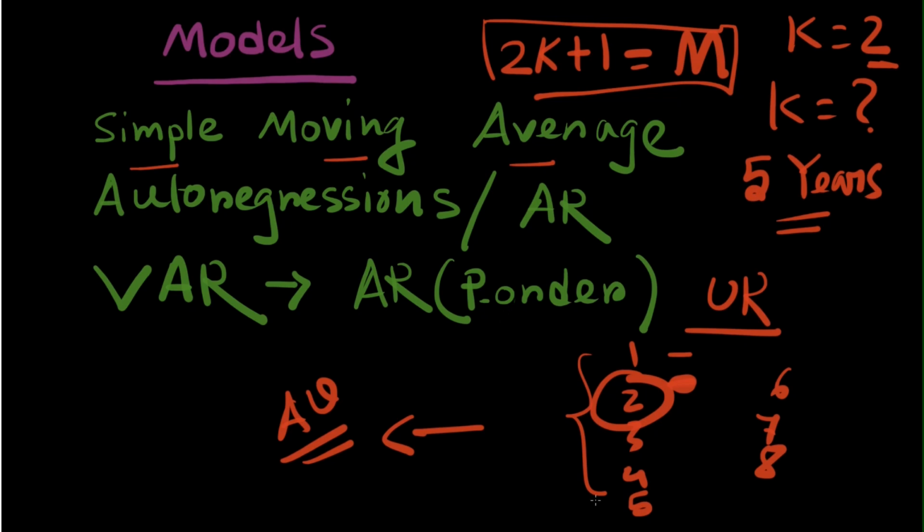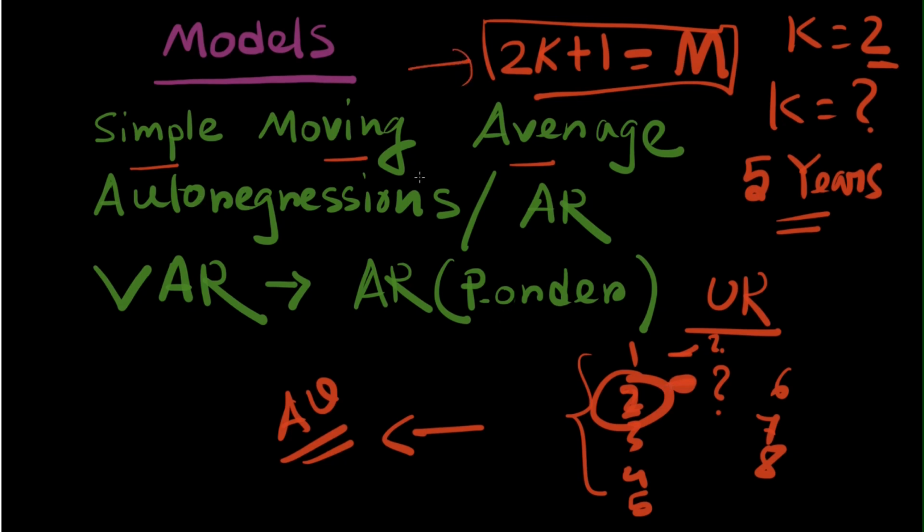You are taking 5 data points of that particular time series, taking their average, and putting that value in the particular place, in this case number 2, leaving the first part blank. That is the 5 year moving average, and we usually use this formula.